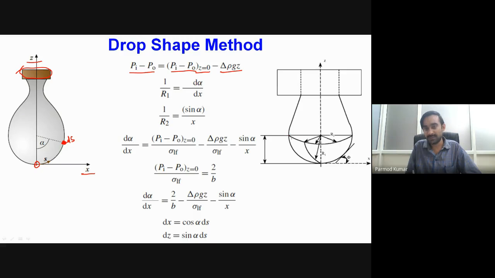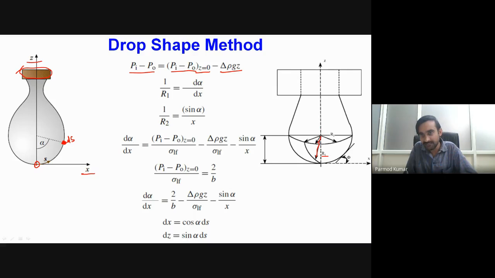One more picture is given here to give the three-dimensional representation. We can consider our element on the periphery of the droplet. In this profile we have considered one radius, R1, which represents one principal radius of curvature, taken on a plane passing through the z-axis.